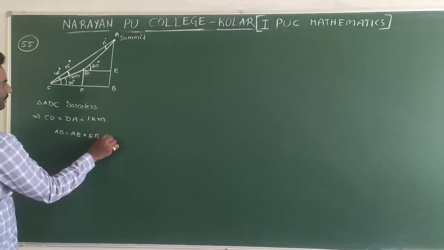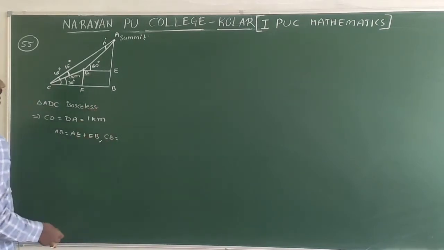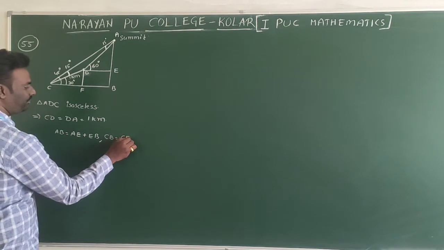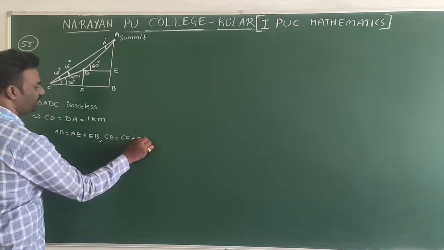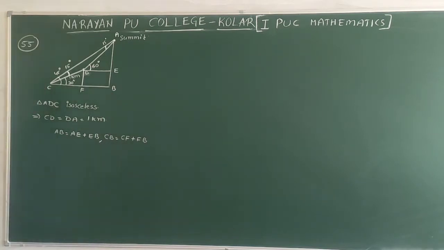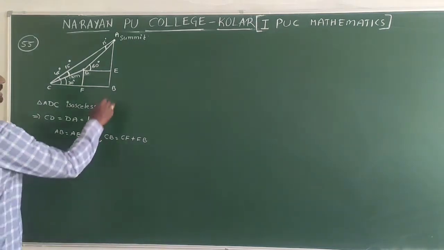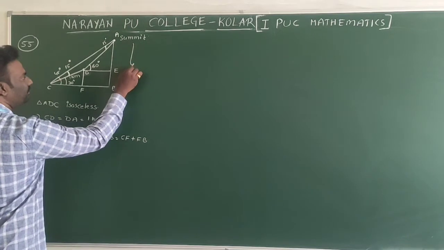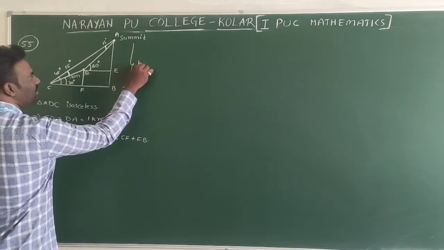Similarly, CB is nothing but CF plus FB. Now we can take the total height as H.